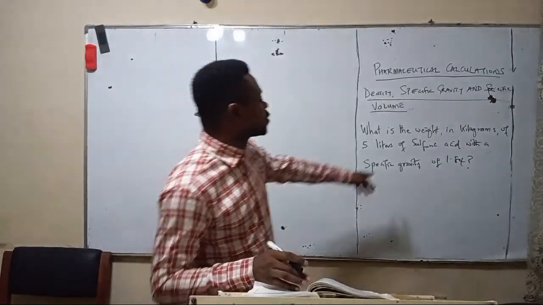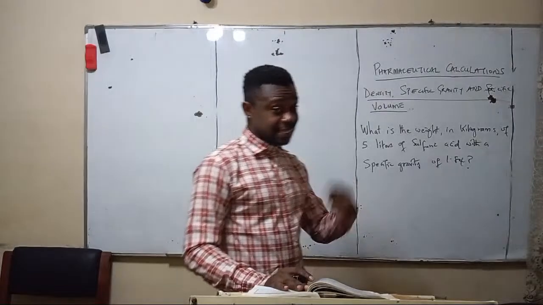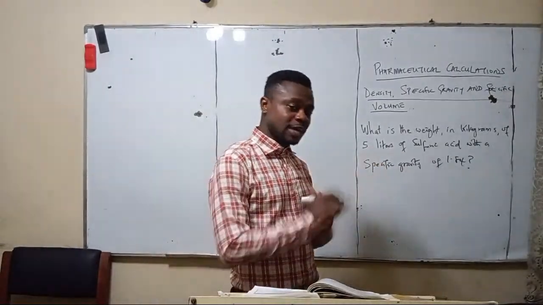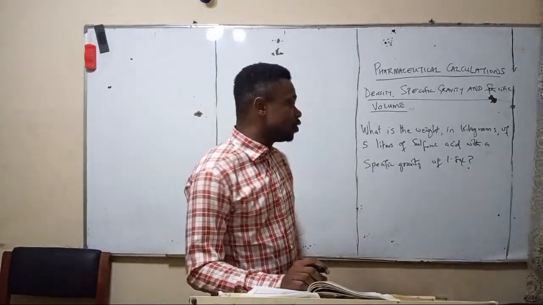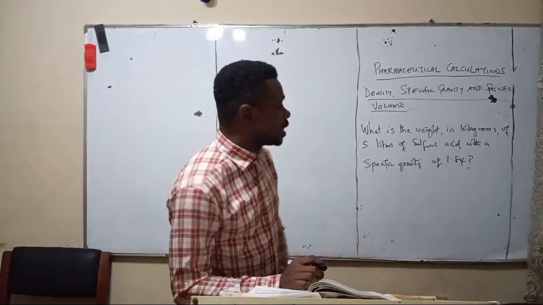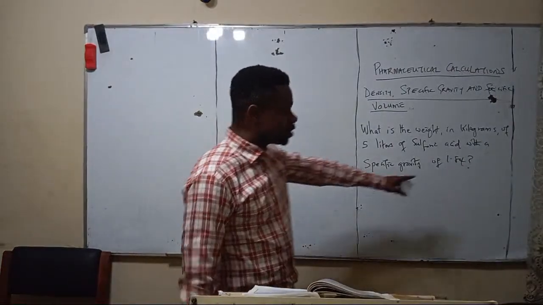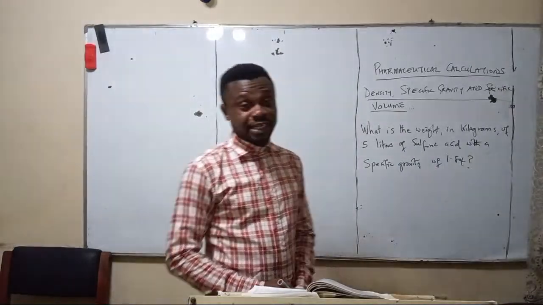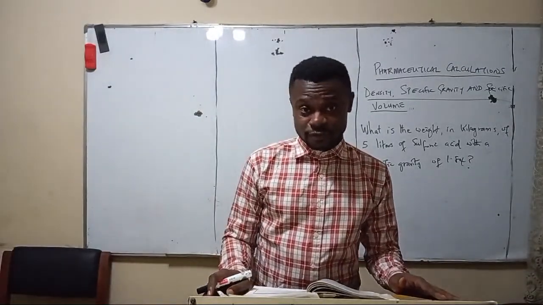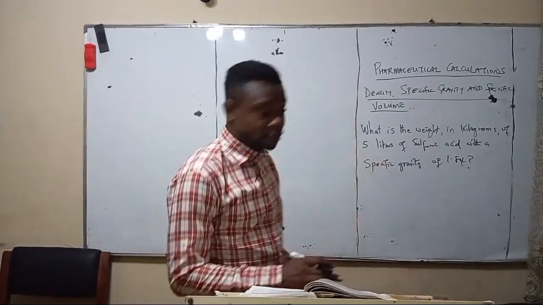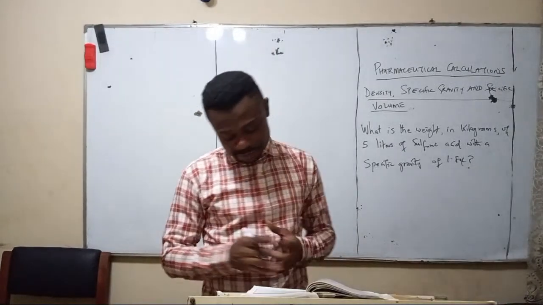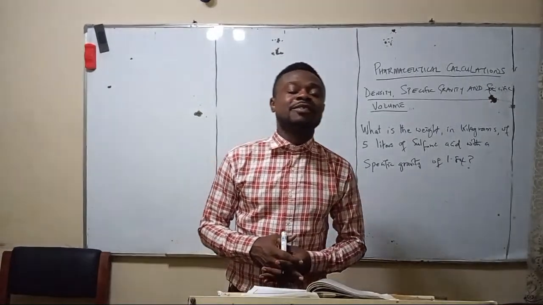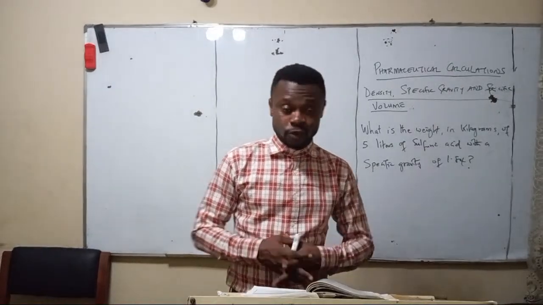With the specific gravity of sulfuric acid being 1.84, it's clear that sulfuric acid is heavier than water. That is under normal circumstances, especially when the substance does not dissolve in water, like oil. Because oil does not dissolve, oil that has a specific gravity of less than 1 will float on water.